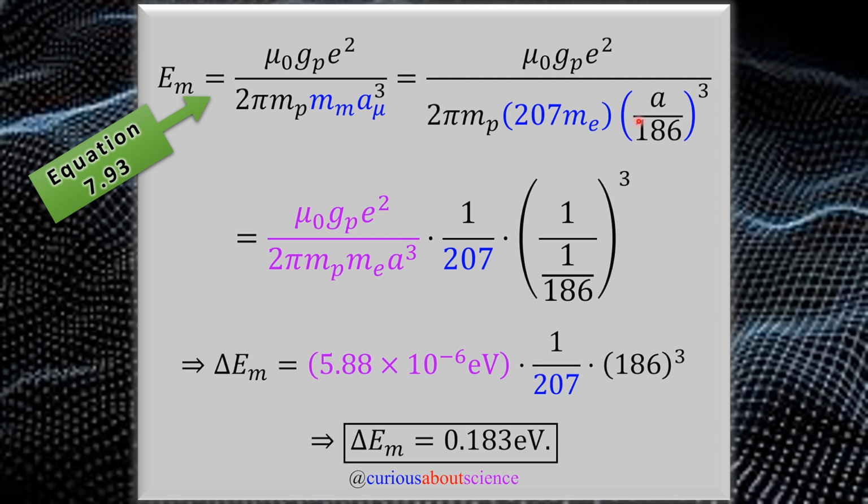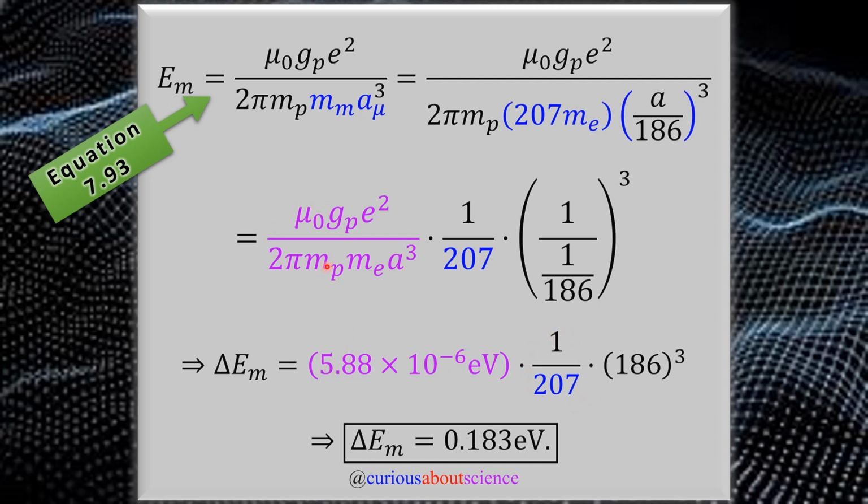But we see that we get everything back in terms of m_e and a, but with the addition of multiplying by 1 over 207 and by 1 over the fraction of 186. Or if we remember, the ratio here was just 186. So we just get 186 cubed because we're dividing by a fraction. Cool. And then we divide by the mass ratios here.